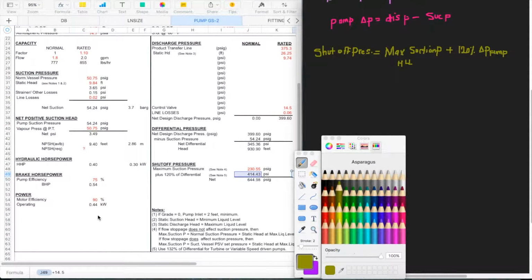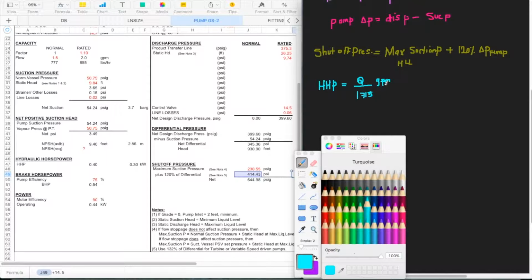The last but not the least is to calculate the power. In order to calculate power, first we calculate the hydraulic horsepower. Hydraulic horsepower is equal to flow rate, which is in gallons per minute, divided by 1715.